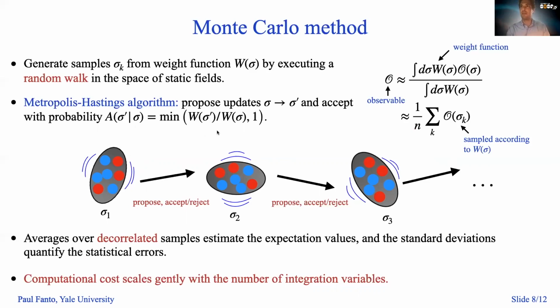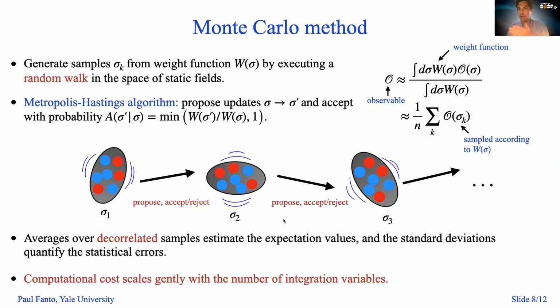A key feature of this method is that while we will always take a step from a less probable configuration to a more probable one, we also have a non-zero probability of going from a more probable configuration to a less probable one. And this allows the method to explore the integration range of interest.